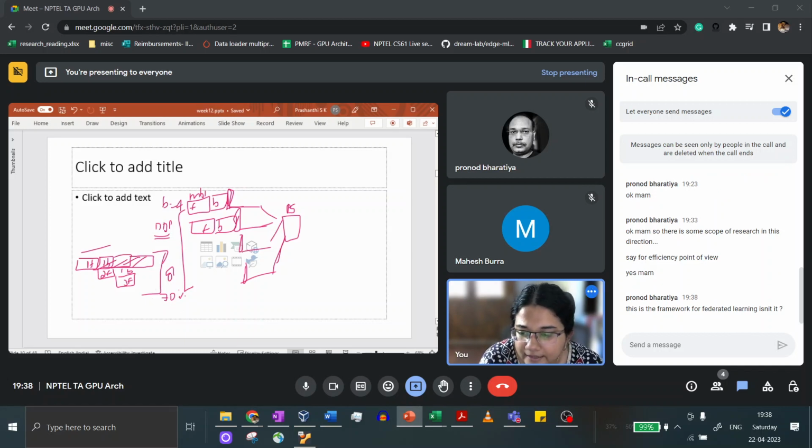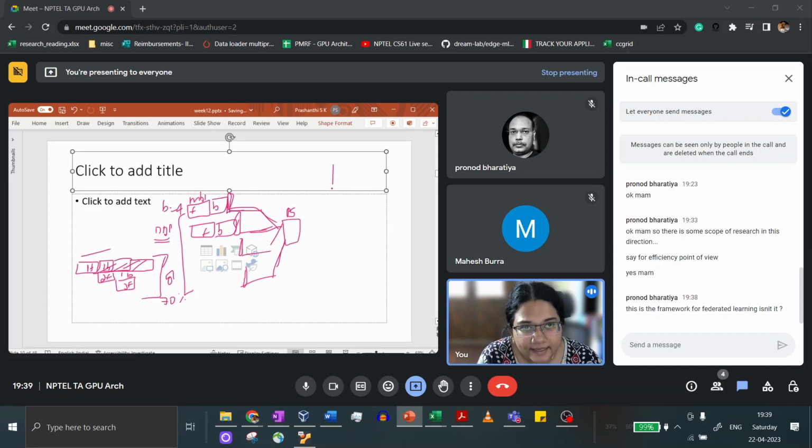Federated learning is slightly different from typical distributed learning, because in federated learning privacy is a strong focus, right? So here what happens, in distributed learning you're okay sending data to different devices, right?